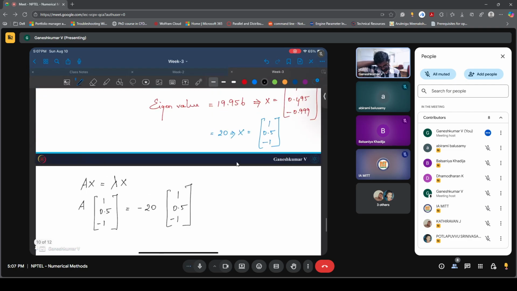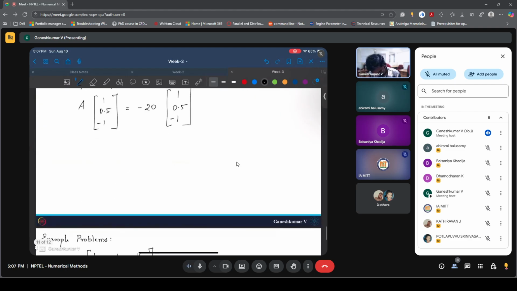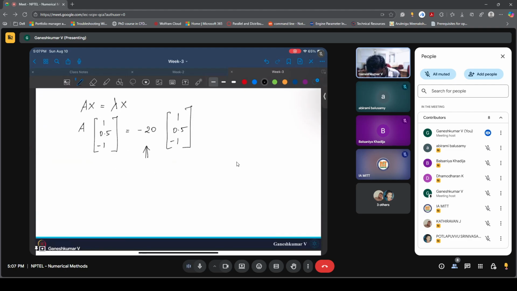Okay, so if this is the case, yeah, you're right. If eigenvalue lambda is minus 20, then your eigenvector is this one. But whether the eigenvalue is plus 20 or minus 20, let's just substitute it.